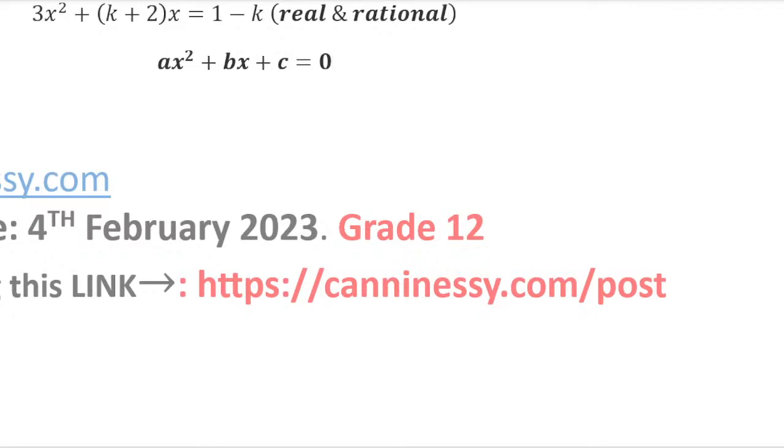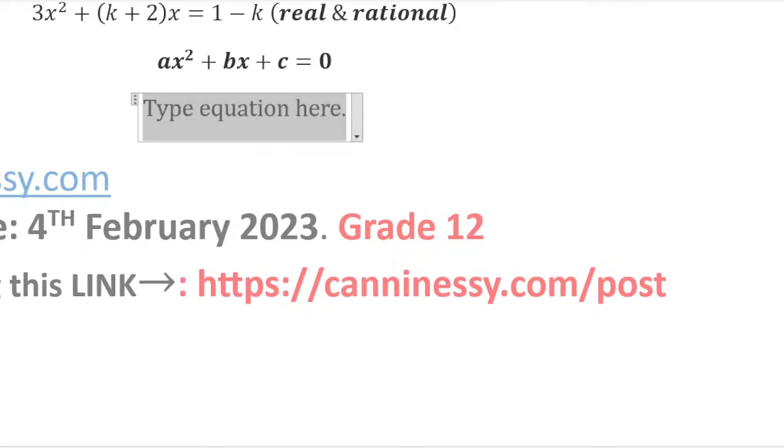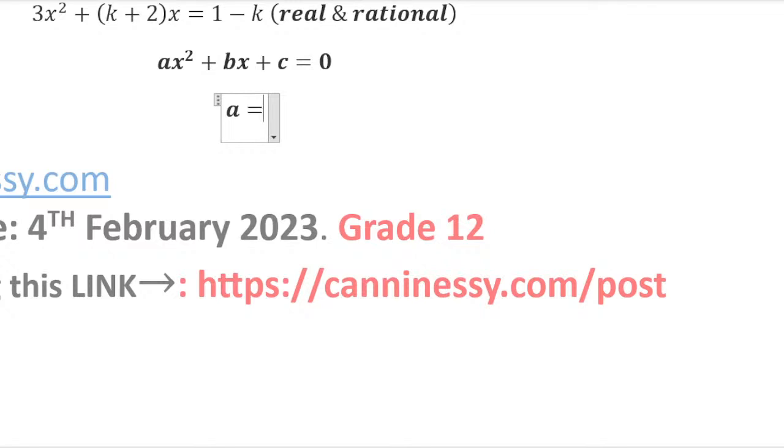Now what is the value of a, what is the value of b, and what is the value of c? All right, a is equals to 3 because a is always the coefficient of x squared.